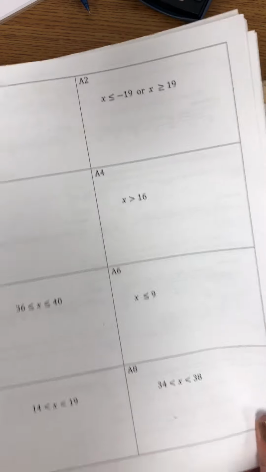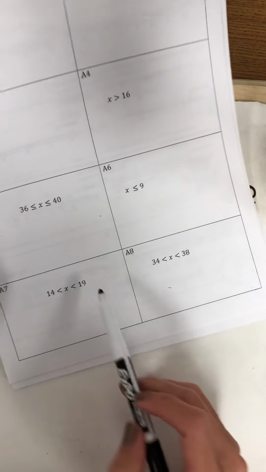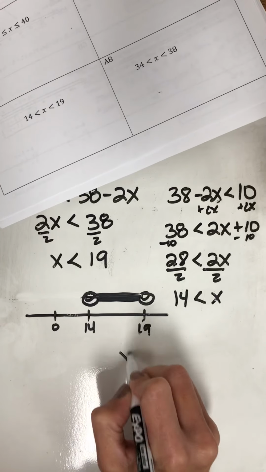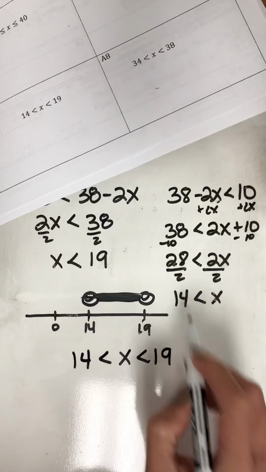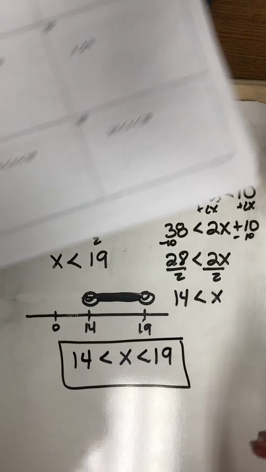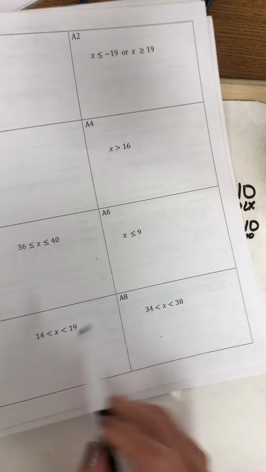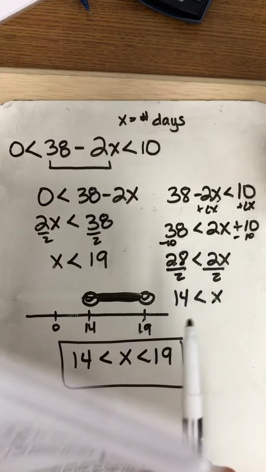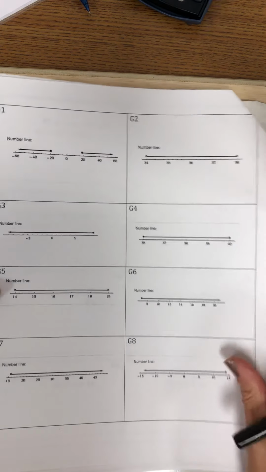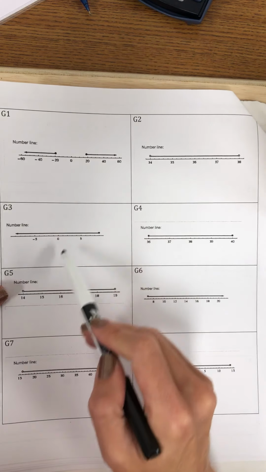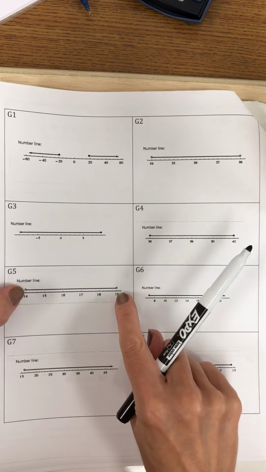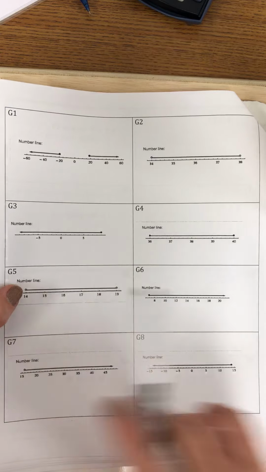The answer would be right here in between 14 and 19, because I could rewrite both of these into this one. So it would be answer 7. And then what would it look like? It's an AND problem. Here we go: 14 up to 19, open circle. So G5.